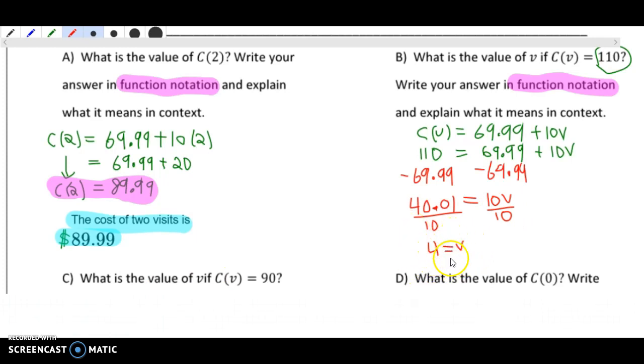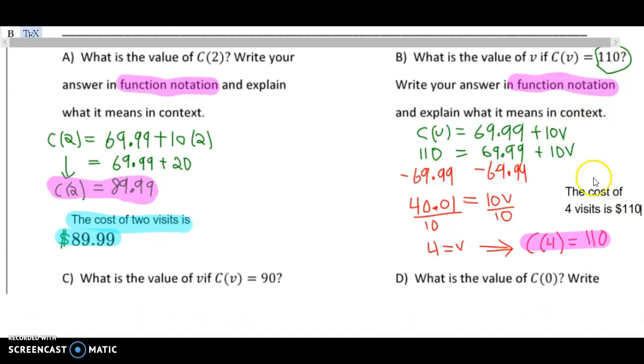Now I'm going to have to write this in function notation. So I'm going to do that right over here. Let's draw an arrow: cost of 4 visits is equal to 110. That's our function notation.